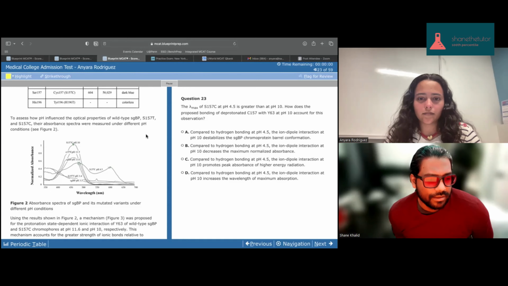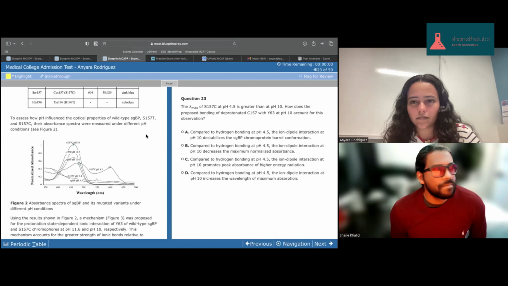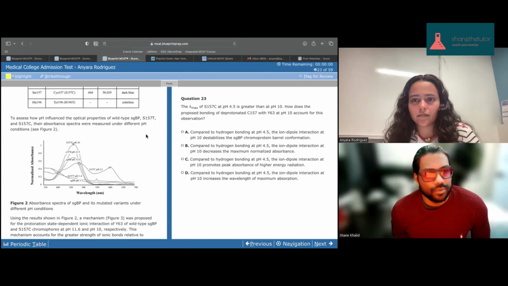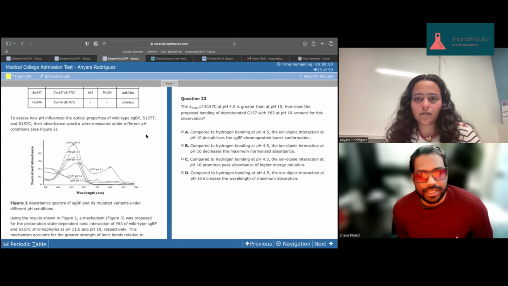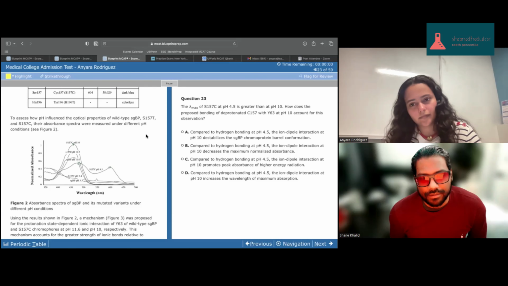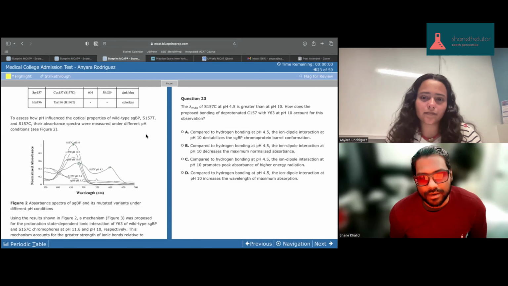Let's see. I also know that according to what they said, the ionic bonds would be stronger. So if it's a higher lambda max, I would associate that with a lower energy bond like hydrogen bonding, and then compare that to pH 10, where it's a smaller lambda max, which I would associate with a higher energy.